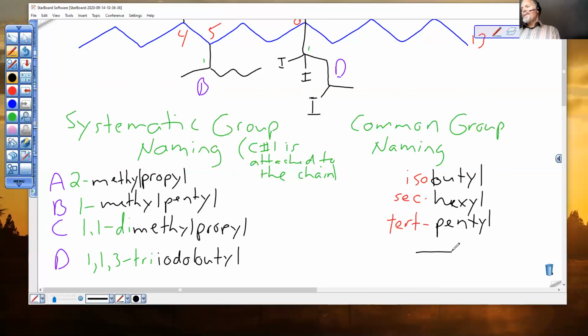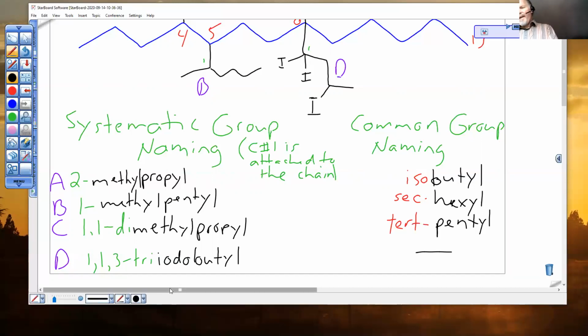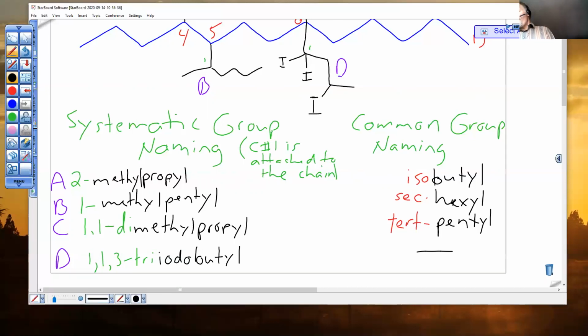All right. So as long as you remember when you're naming the group, carbon 1 has to be the first carbon attached to the chain. Then that's a new rule that will help you with a systematic group naming. And down here I want to write down where the groups are. Once again, shift my whole page.